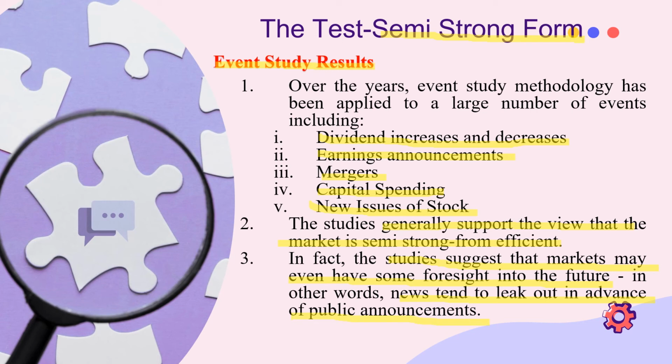So from the research carried out by past researchers, they were able to prove that the several studies listed support the view that the market is semi-strong form efficient. This means the price of the stock is reflected or influenced by past info and public information. That is what the past researchers have come out with.